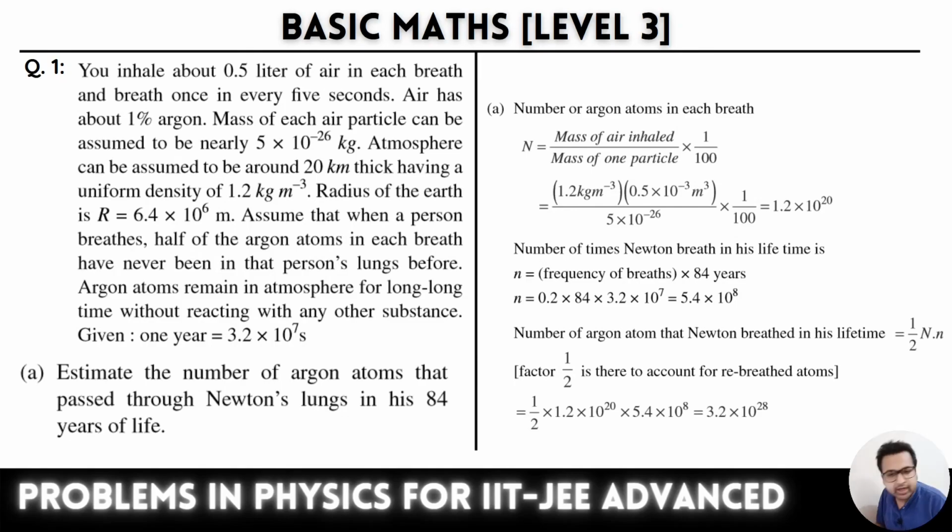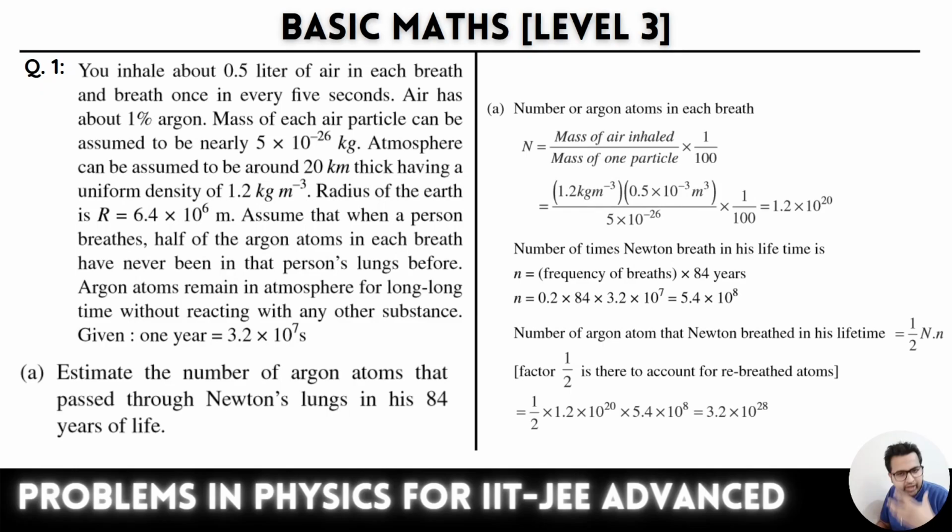If you look carefully in the question, the volume of air is given, that is 0.5 liter, and the density of air in the atmosphere is also given, 1.2 kilogram per meter cube. Using these two parameters, we can calculate the mass of air inhaled in each breath.